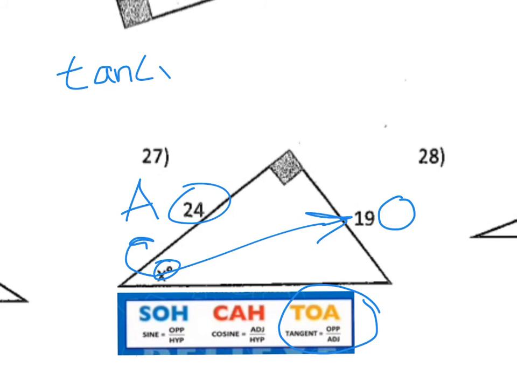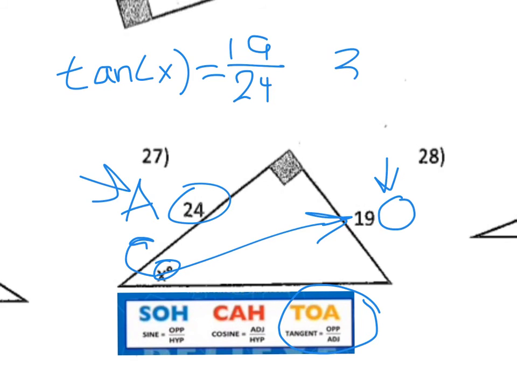So we're solving for a missing angle, so don't forget to hit the second button before you hit tan, but we're doing O over A. O is 19, and A is 24. So go to your calculator and hit second tan 19 divided by 24, and you will get an answer of 38.367. The 7 tells the 6 to round up one, so the missing angle is 38.37.